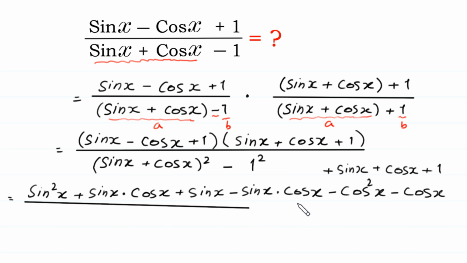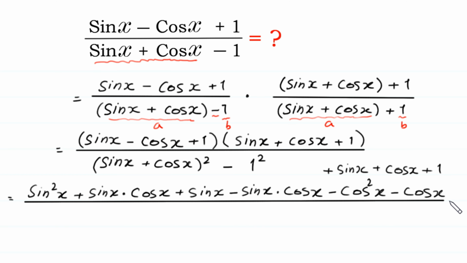Divided by, we take the square of this sine of x plus cos of x according to algebraic identity a plus b whole square is equal to a square plus 2ab plus b square.